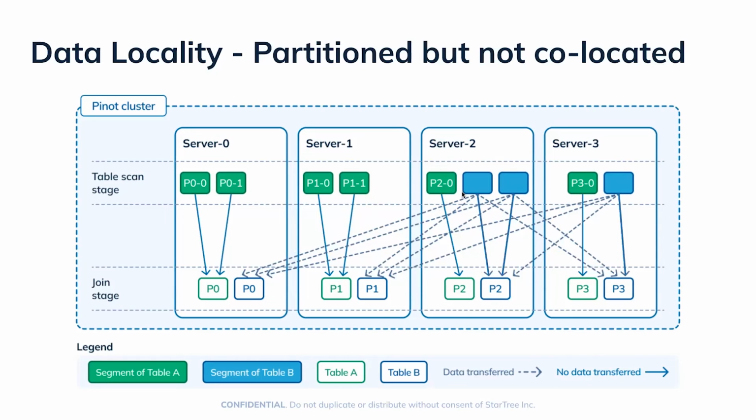A very common hash function. What you can do is use the exact same hash function to compute for each one of the rows that you're going to shuffle out on your right table, which is the blue one. Then you can predetermine exactly which set of servers you need to ship this data to. So in this case, it's going to save your entire left table shuffle across the wire. This is extremely useful if you're doing a fact-dim join, where your green table is much larger than your blue table.